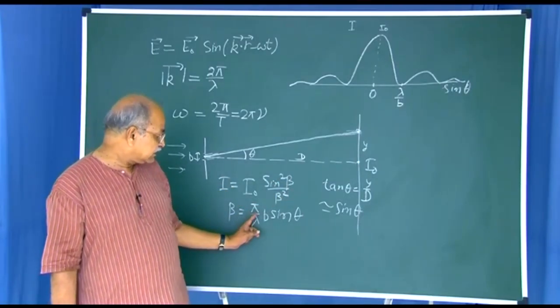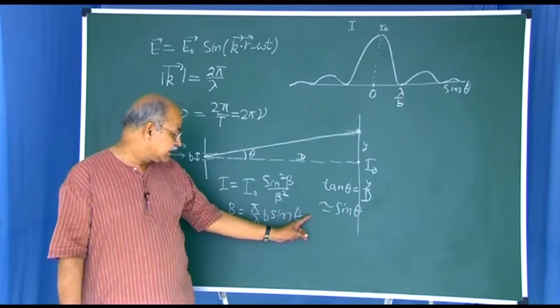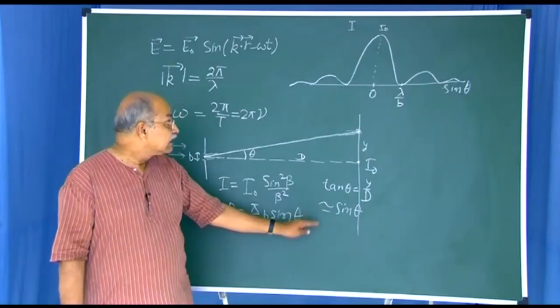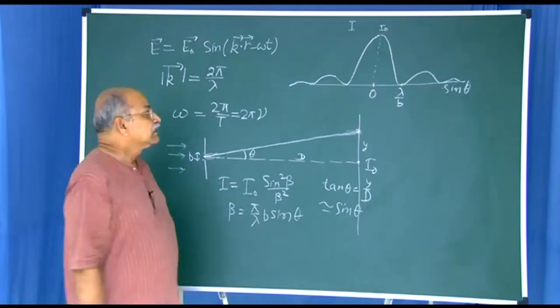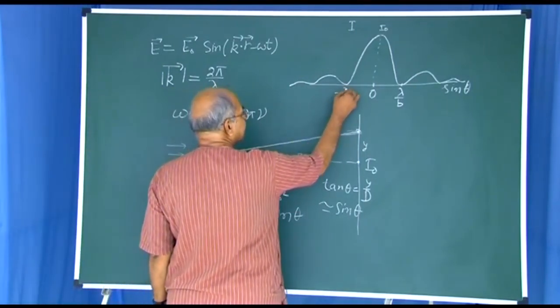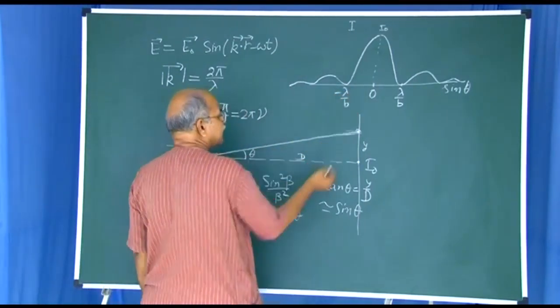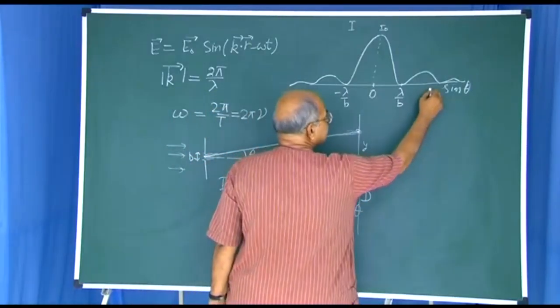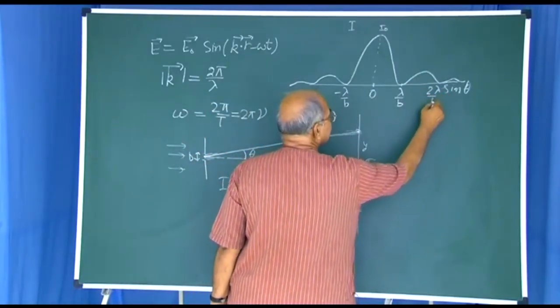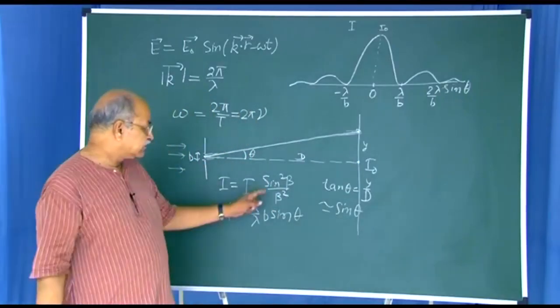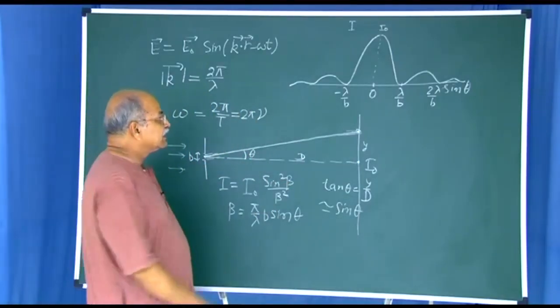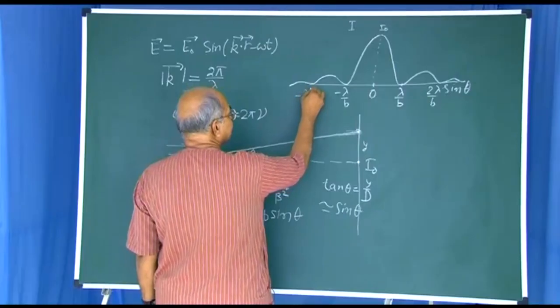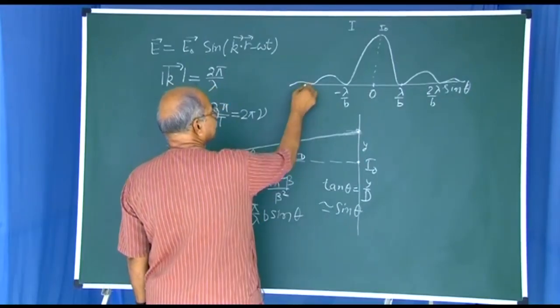So, this is equal to pi, and therefore, sine theta is equal to lambda by b. On this side it is minus lambda by b, then this is 2 lambda by b, when sine of 2 pi is 0, so beta is 2 pi, and so on, minus 2 lambda by b, and so on.